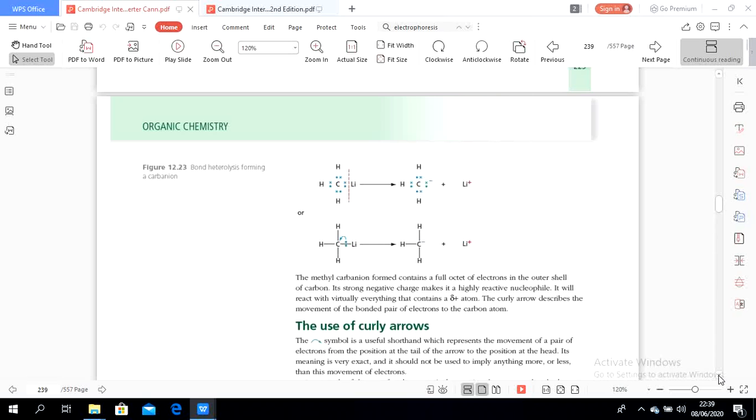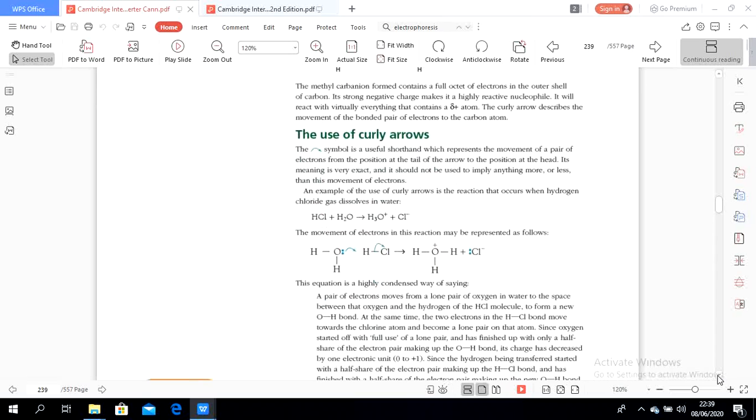And then curly arrows are used to represent the movement of electrons. Like this one, there is a lone pair of electrons in the outermost shell of O, and then there is a curly arrow.